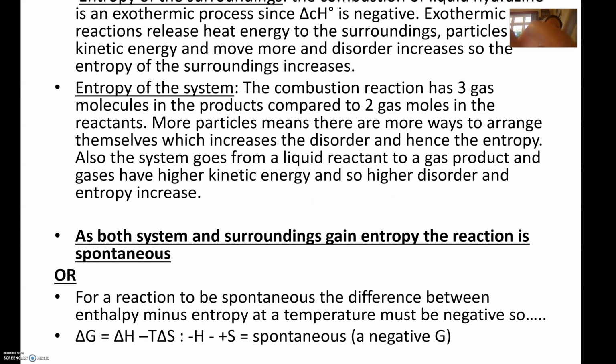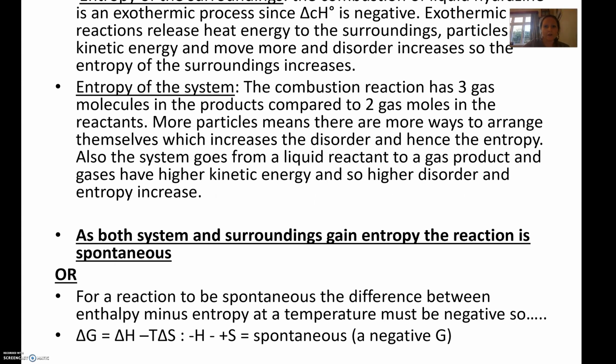Hopefully it won't let me go any higher, unfortunately. But entropy of the surroundings: as it's an exothermic reaction, this releases heat energy to the surroundings, the particles gain kinetic energy, move more, and disorder increases. So we've said that. Entropy of the system: 3 gas molecules in the products compared to 2 in the reactants. More particles means there are more ways to arrange themselves, increasing disorder.